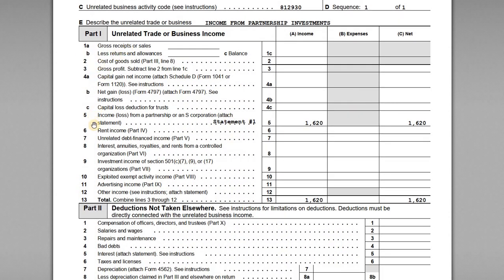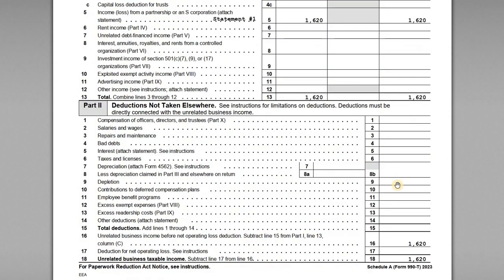Now, line 5 in Part 1, we have the income or loss from partnerships or S corps. And on line 5, we've entered the $1,620 that's flowing through from that K-1. In Part 2, we don't have any deductions that are being claimed. So again, you can see allocations of taxes.